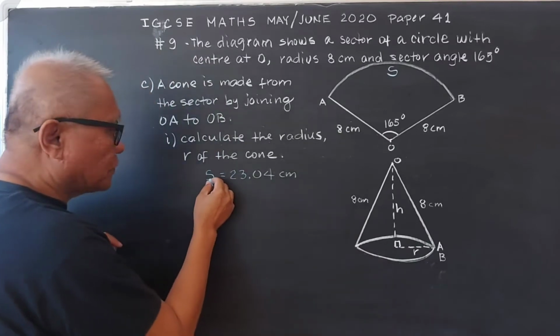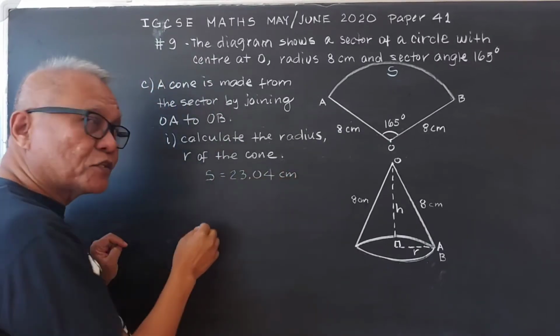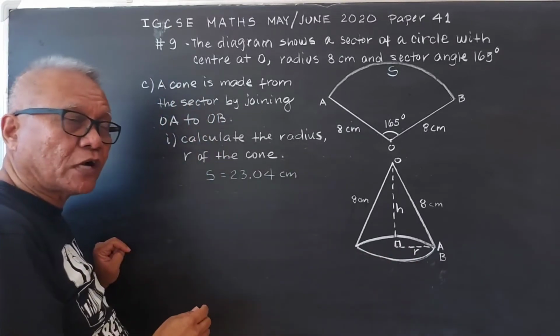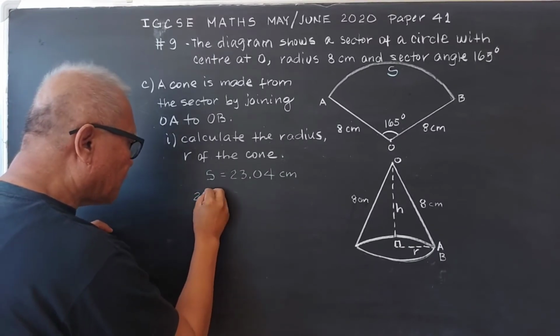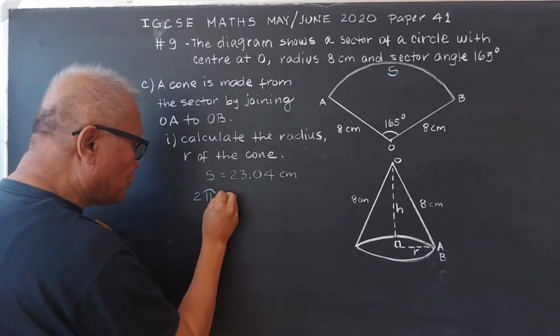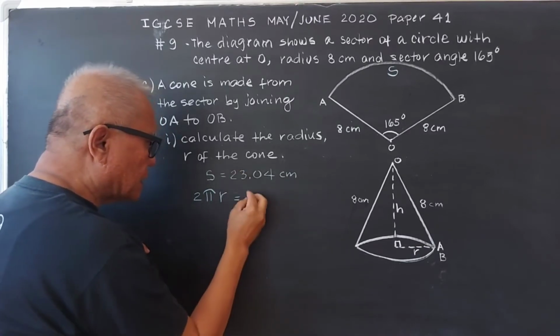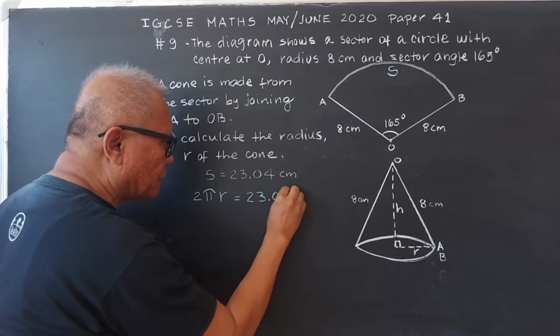So we have the subtended arc, which is 23.04, and this one is now the circumference of the base of our cone. The circumference formula is 2 pi r, which is the subtended arc 23.04.